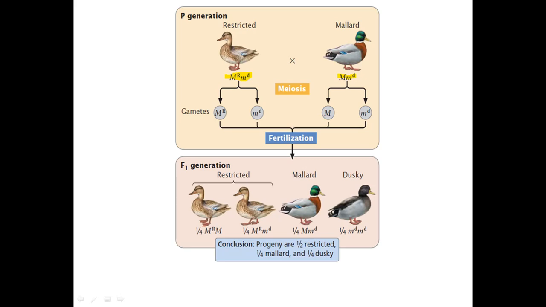So what are the possible gametes? After meiosis, the possible gametes are capital M R and small m D for the restricted duck, and capital M and small m D for the mallard.